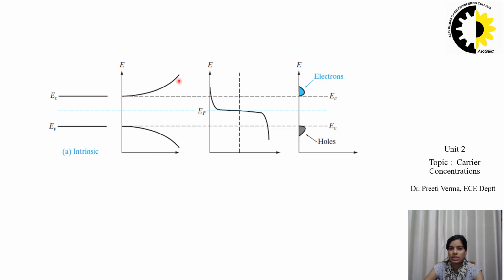Here you can see the density of states is rising and the Fermi distribution function is falling. So initially it will rise, it will increase, and then the Fermi distribution function will become effective and it decreases. Similarly, in the case of the valence band, first it rises, then it goes to zero.